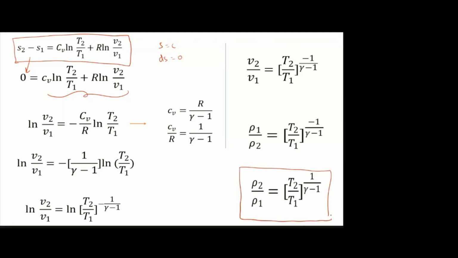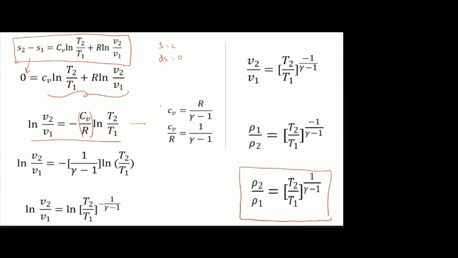The final step will contain only density, temperature and gamma. There is no CV and so on, so every time I have to change it. First I am rearranging it. For example, take this CV ln T2 by T1 to the left hand side, and R ln V2 by V1 to the right hand side, and you will get this term.